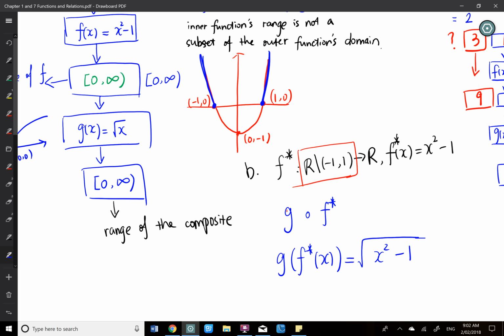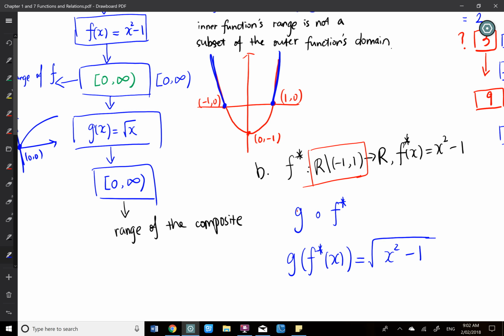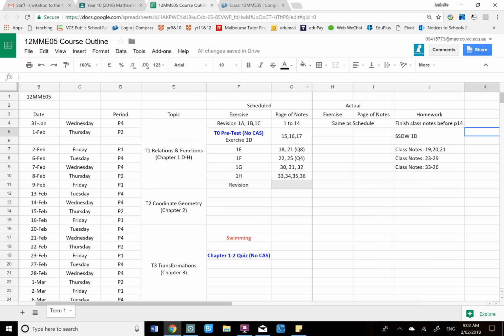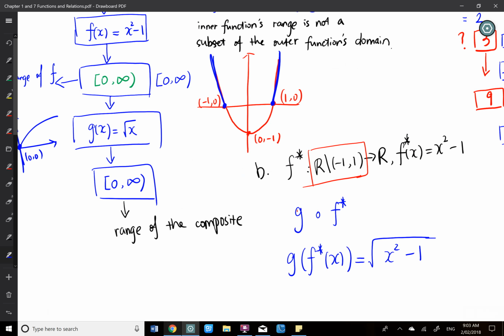Any questions? We'll do another example later. Just let you finish your writing for this one first. Let me check. I want to do the exercise on page 21, question 8. If you finish that one, just have a look at the next question.